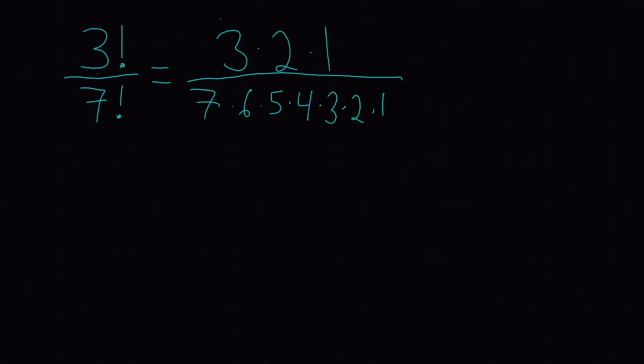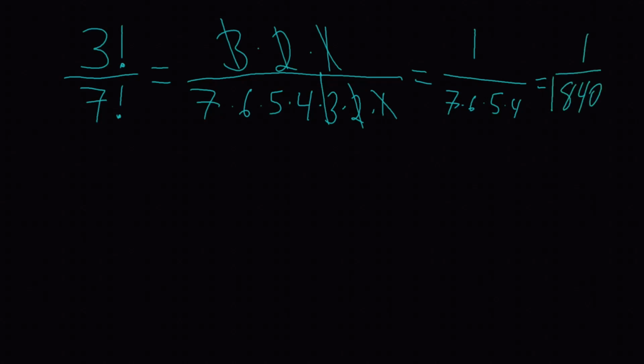And now we can cancel out our 3's, our 2's, and our 1's. That will leave a 1 up top since everything's canceled, and a 7, 6, 5, and a 4 down bottom, which is 1 over 840.